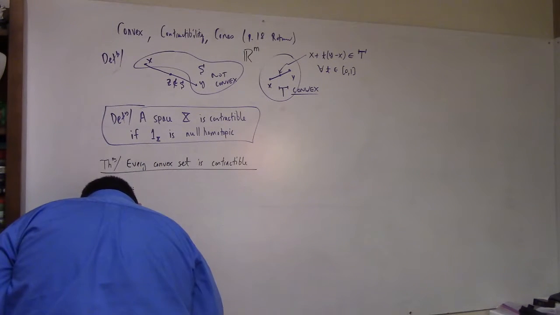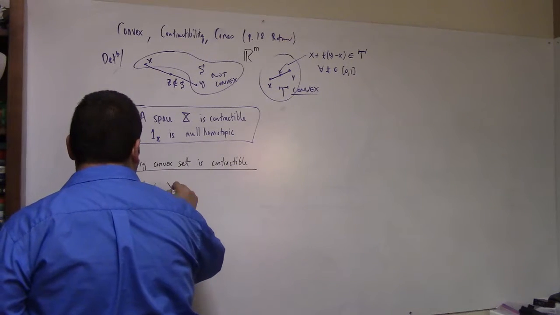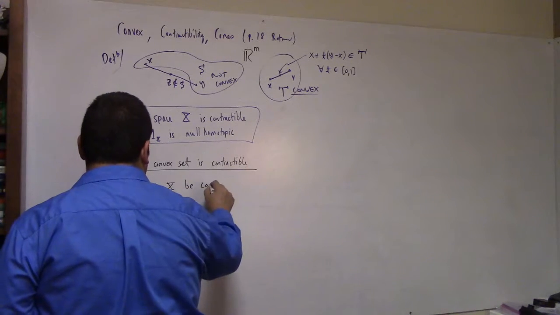So he says, choose. Let X be convex, right? You didn't say that, but I'll say that.